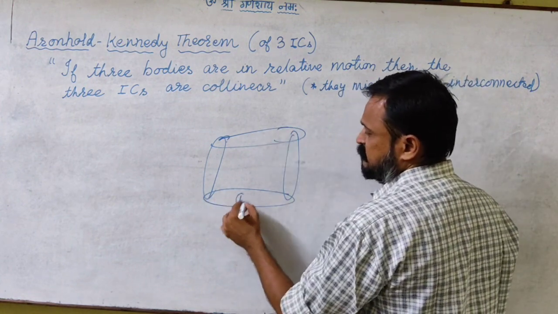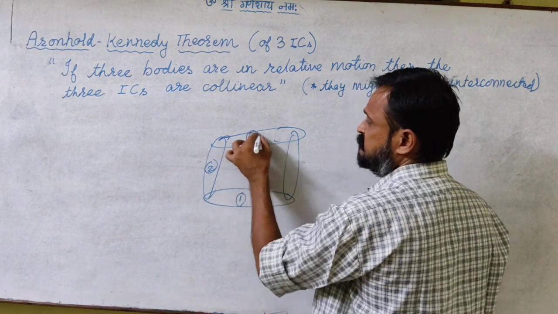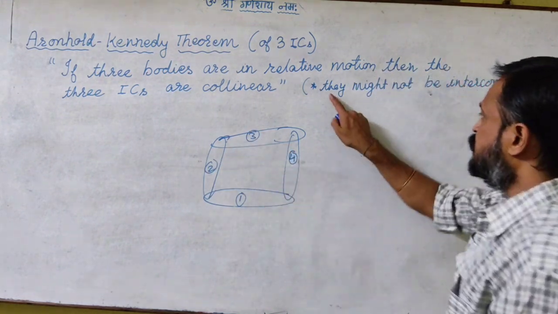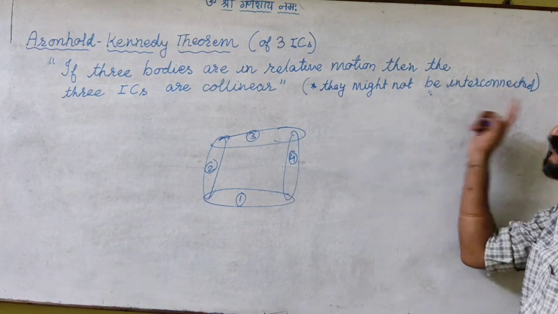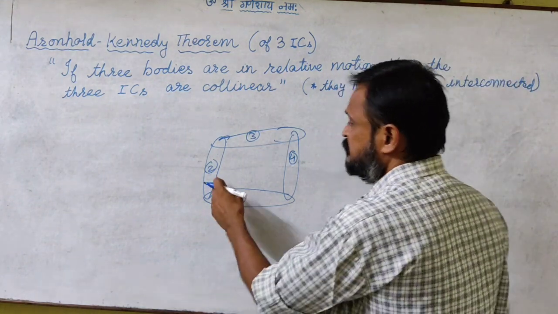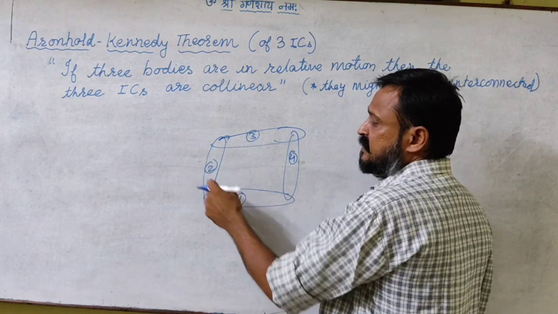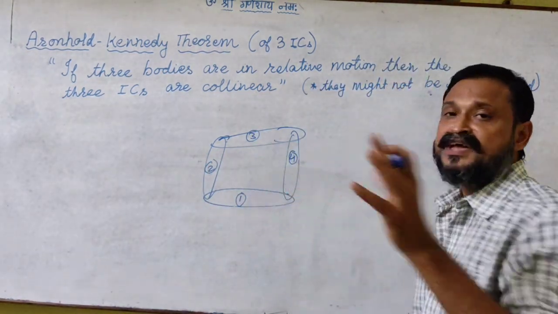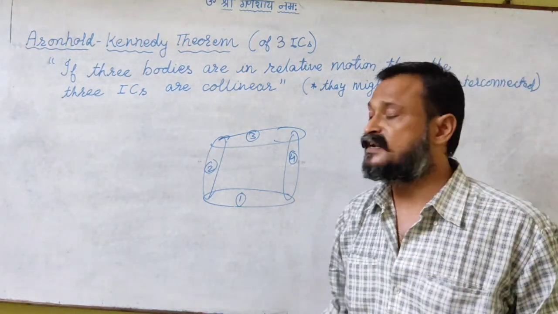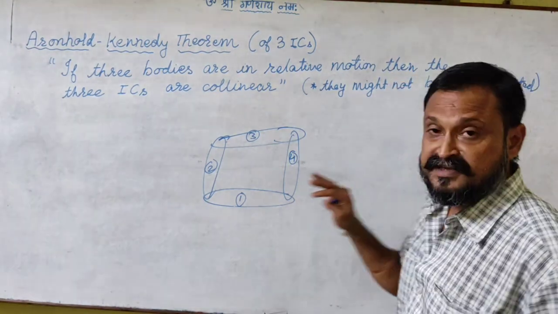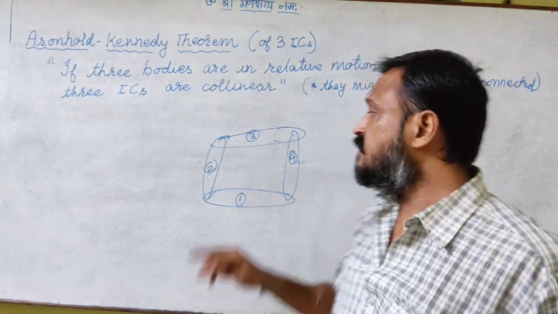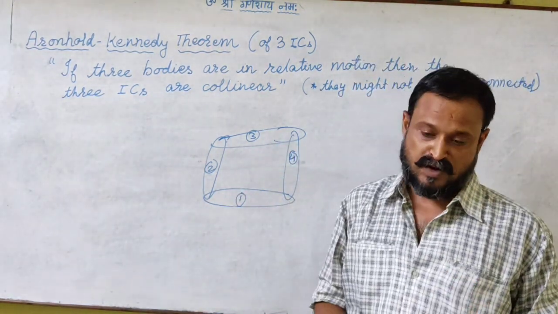So this is link number 1, this is link number 2, this is link number 3, this is link number 4. So they might not be interconnected in the sense that 1 and 2 are interconnected, 2 and 3 are interconnected, but 3 and 1 are not directly interconnected, but definitely for this mechanism 3 has a relative motion with respect to 1.